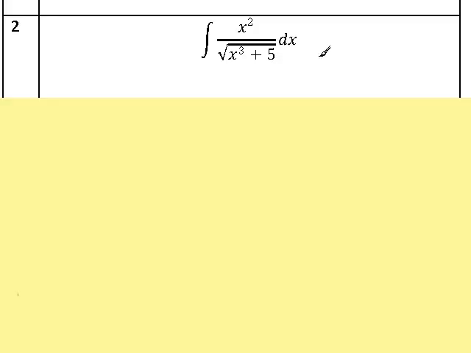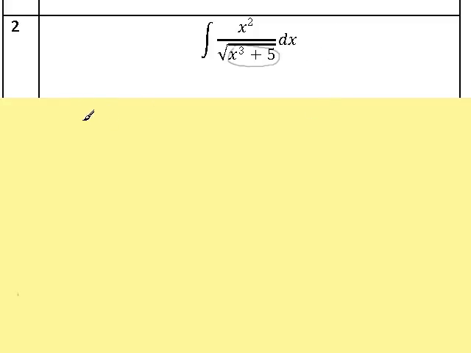Number 2 is also a candidate for integration by substitution because we do have an inner function, and the derivative of the inner function is 3x squared, and we have x squared sitting on the outside. That is the derivative without the constant. So this is a good candidate for integration by substitution.